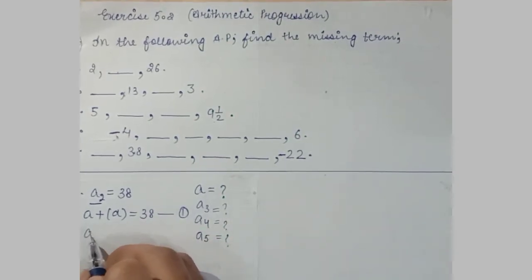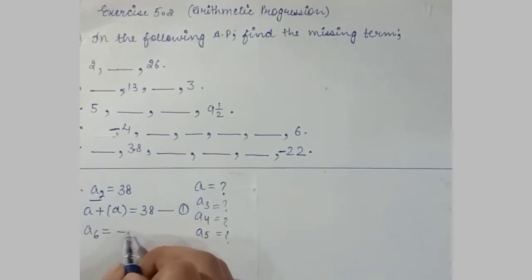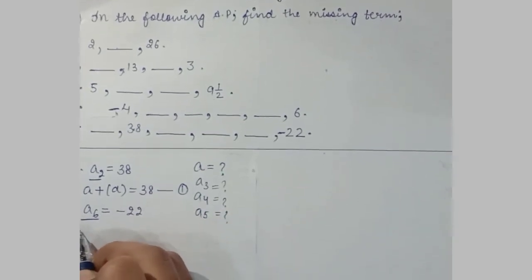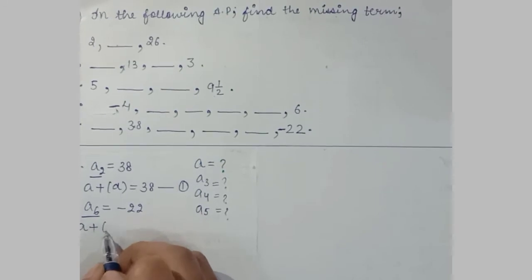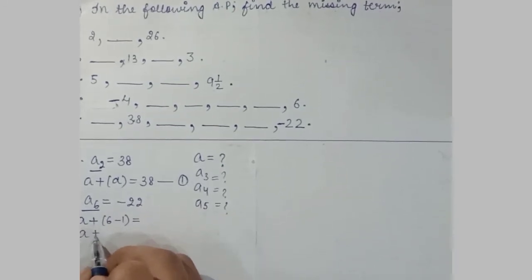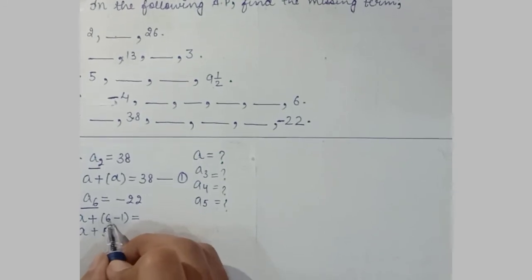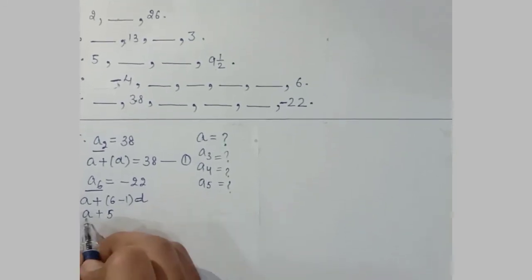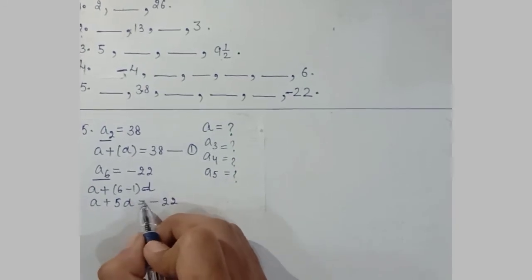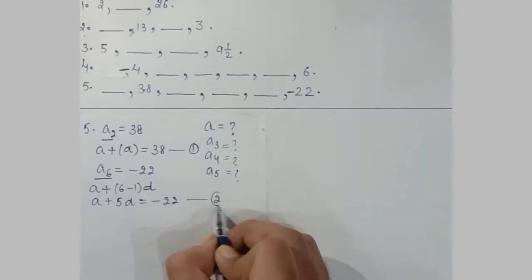The sixth term is minus 22. For the sixth term, we write it as a plus 6 minus 1d, or a plus 5d is minus 22. Let it be equation number 2.